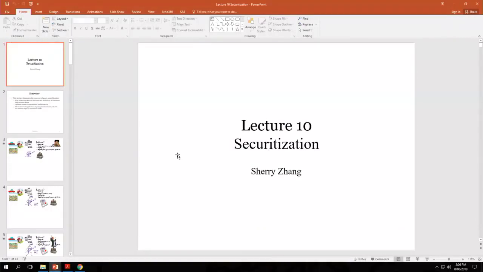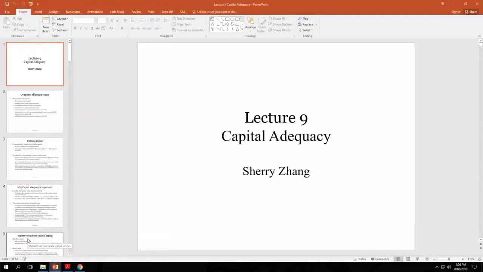I will give you a brief introduction of the securitization process, make sure you understand how it works, and then we will talk about different types of securities issued from the securitization process and different features, how we price and evaluate those securities. So that's the plan.